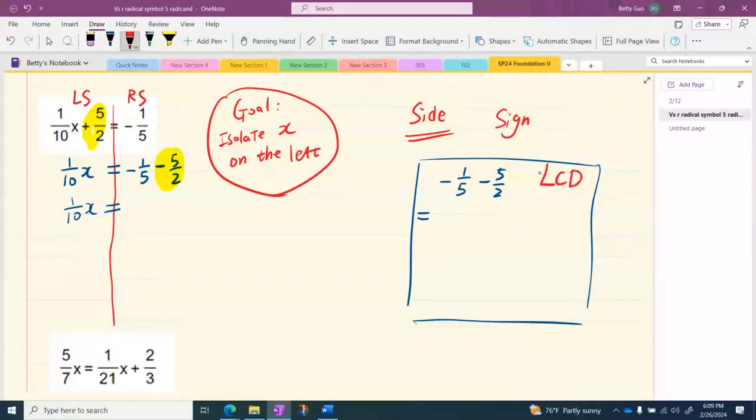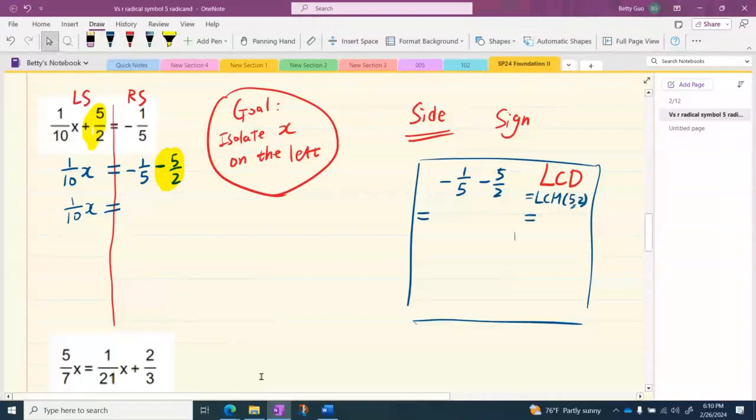If they don't have them yet, like these two fractions, we have to find their least common denominator. The least common denominator, remember, is the least common multiple of the two denominators, 5 and 2.